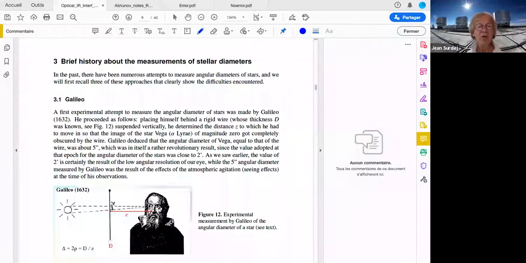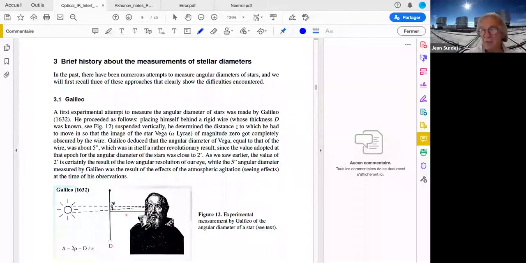You may take a metallic wire, as thin as possible, 1 millimeter would be fine, and put it vertically while looking at a distant star which is very near the horizon. If you are very far away from the metallic wire, you will see the star.